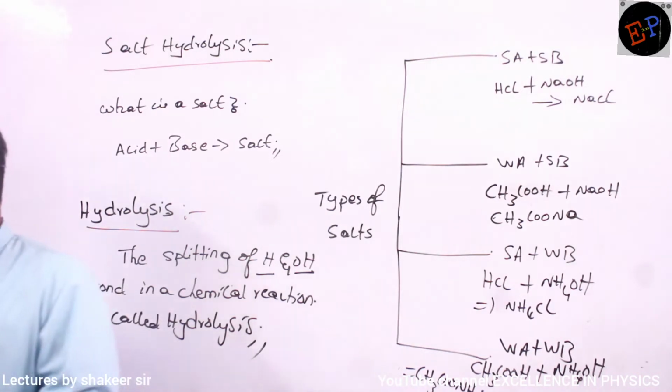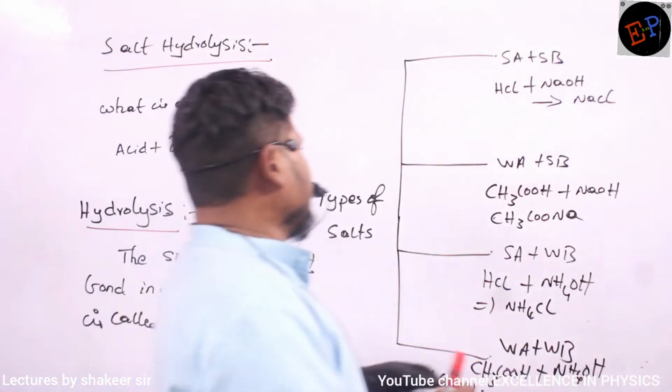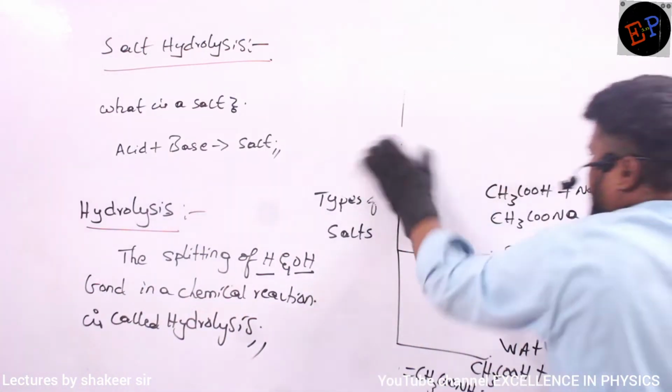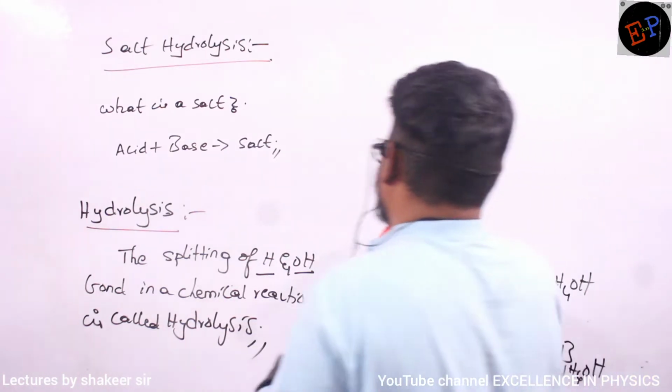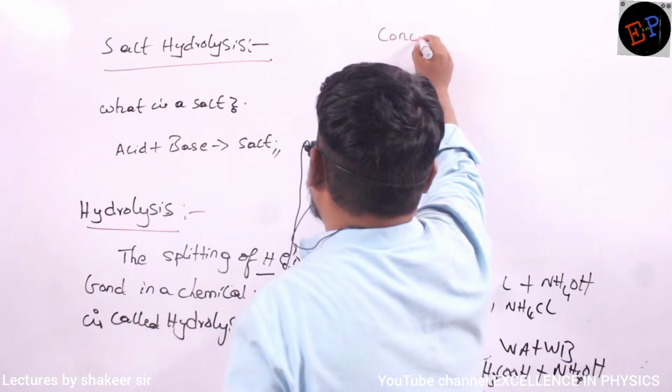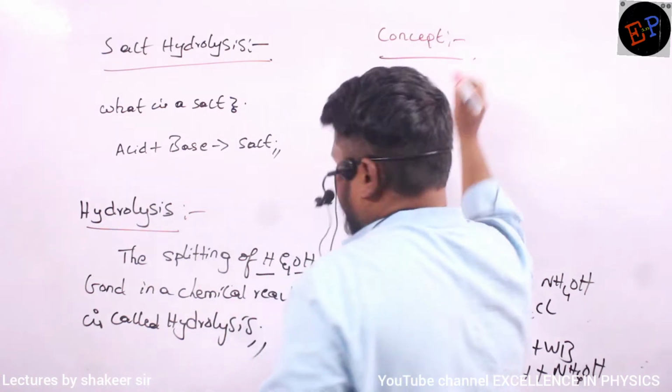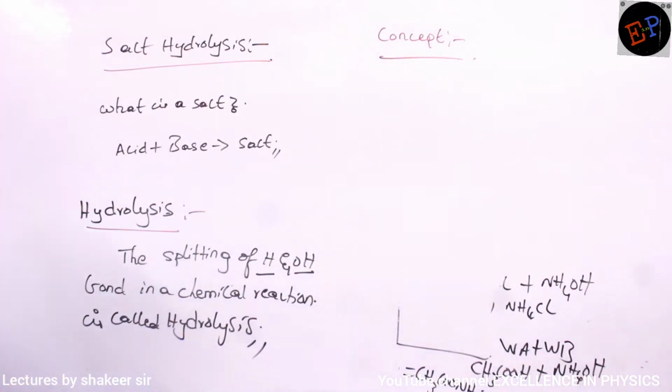Now here we are supposed to write a very, very important concept about hydrolysis. This is a very important concept which you should remember; without it we cannot solve the problems.